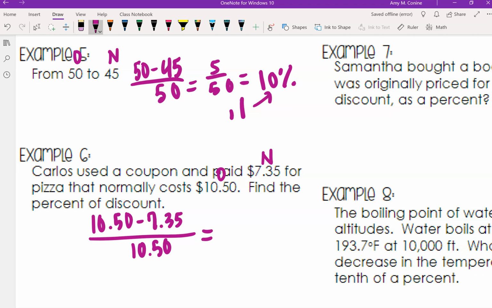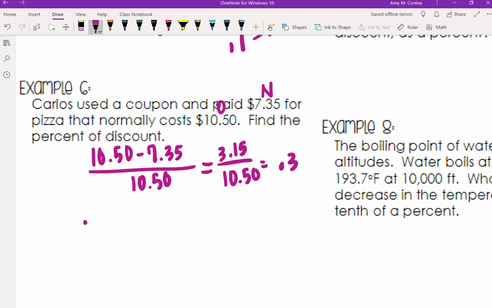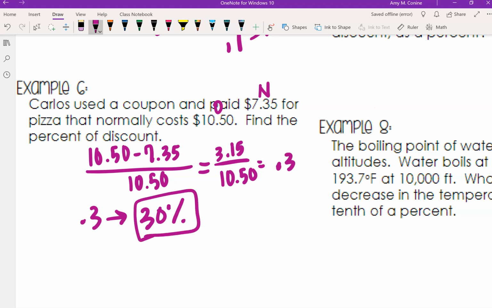So when you do that, you should get $3.15 over $10.50. And then when you divide it, you should get 0.3. So now 0.3 as a percent is 30%. So it was a 30% off coupon or discount. Okay, so your discount was 30%.